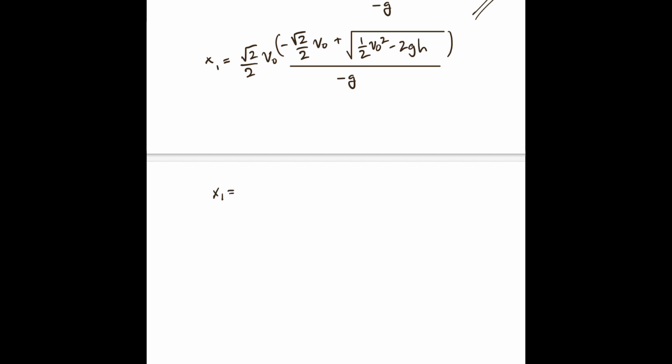And then we'll multiply by t, but just use the positive answer. And now we'll have to go through some simplifications here. So first thing I'll do is distribute the square root of 2 over 2 times v naught.